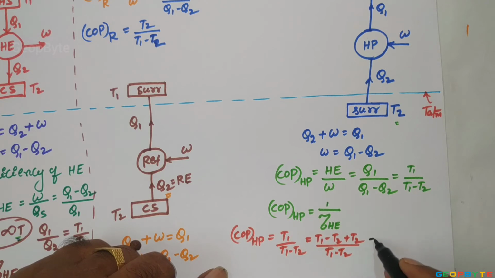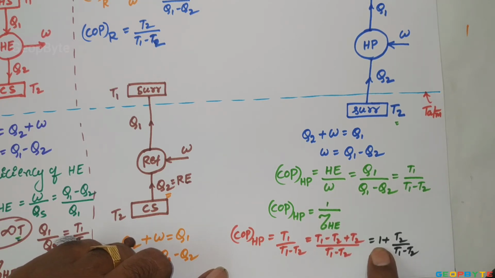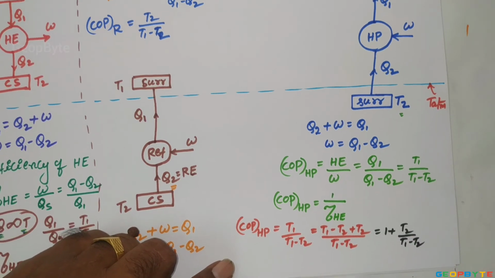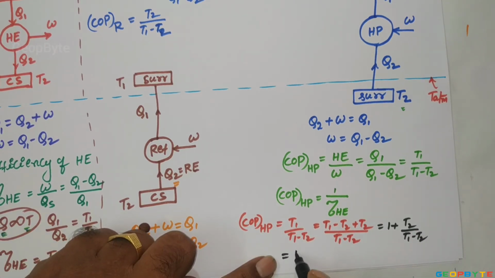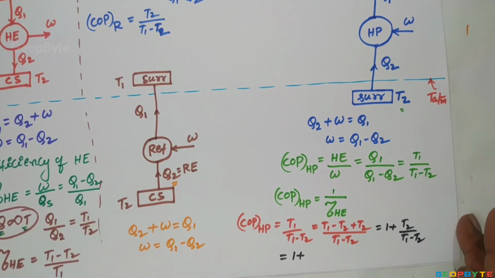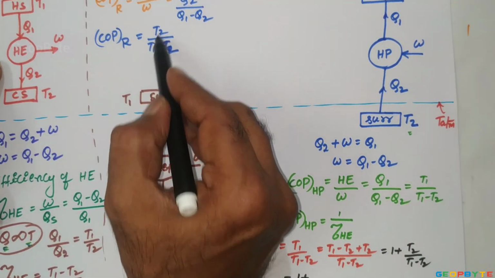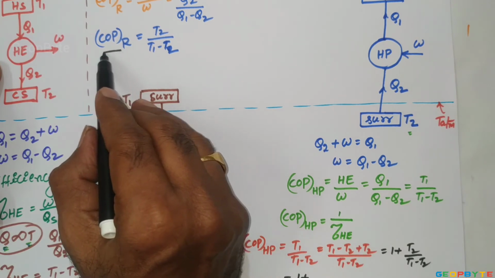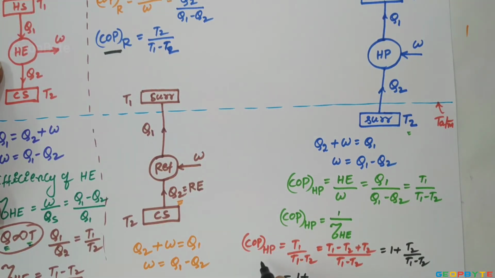It can also be written as 1 plus T2 by (T1 minus T2). Look, T2 by (T1 minus T2) is the COP of refrigerator. Therefore, COP of the heat pump equals 1 plus COP of the refrigerator.